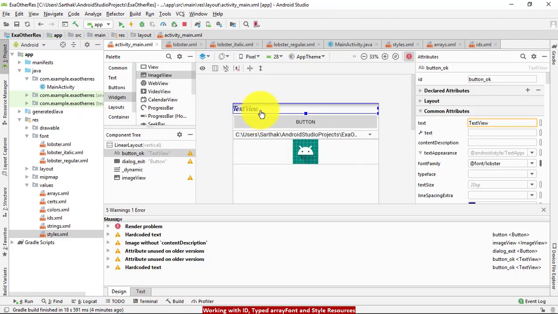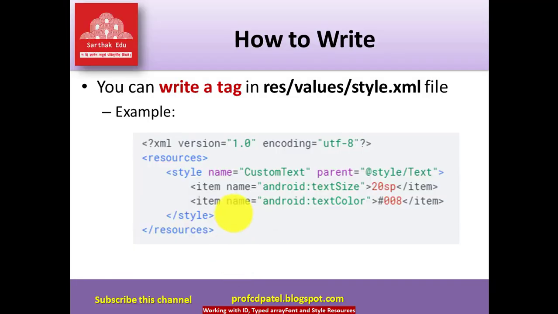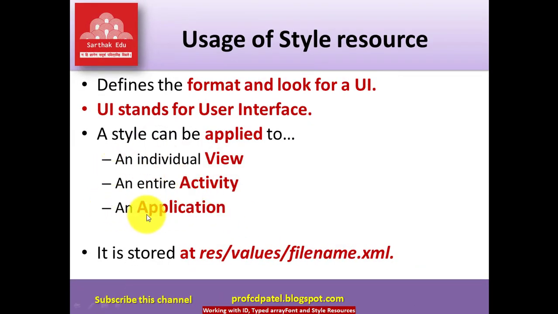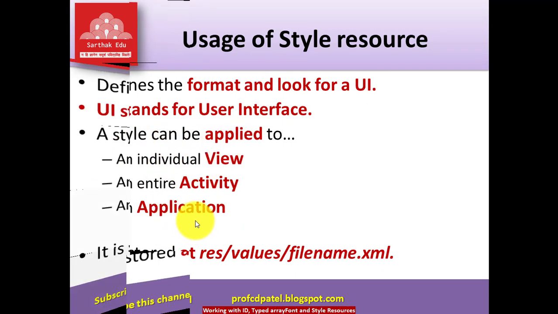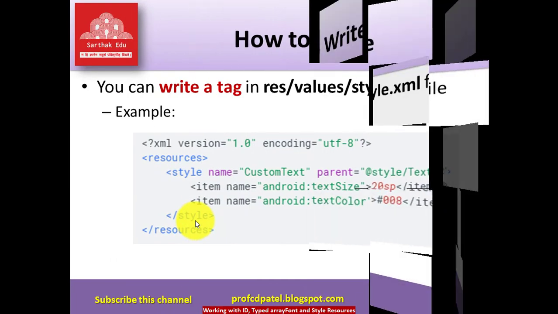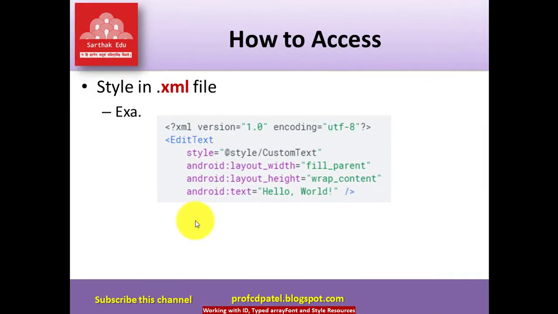So you can see the output is directly viewable. On a particular individual control, we can define a style, or apply it to a particular activity, or to the application. So using this way we can use different kinds of styles or themes. Using style we can create and apply it using an XML file to a particular control.